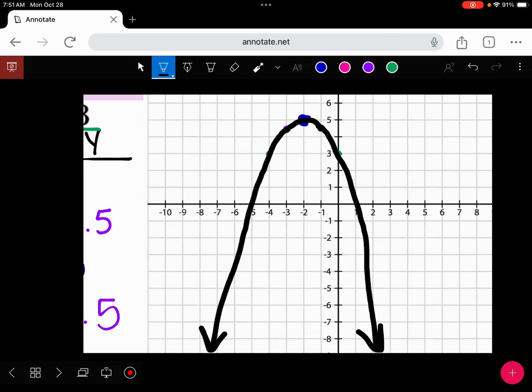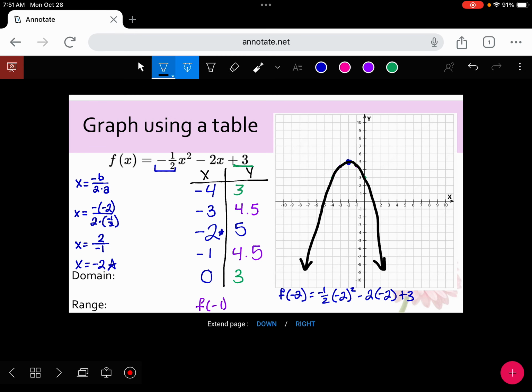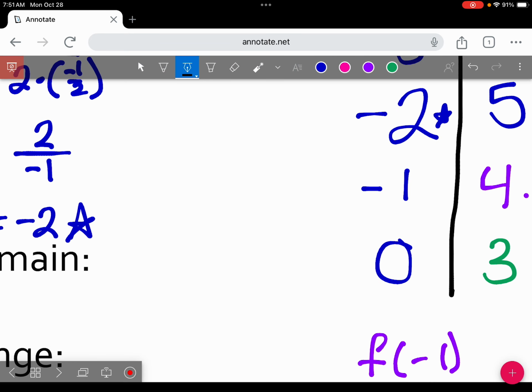Should be something like that. So, what is our domain? Again, we can go all the way left and all the way right. I can go all the way from -infinity to +infinity.